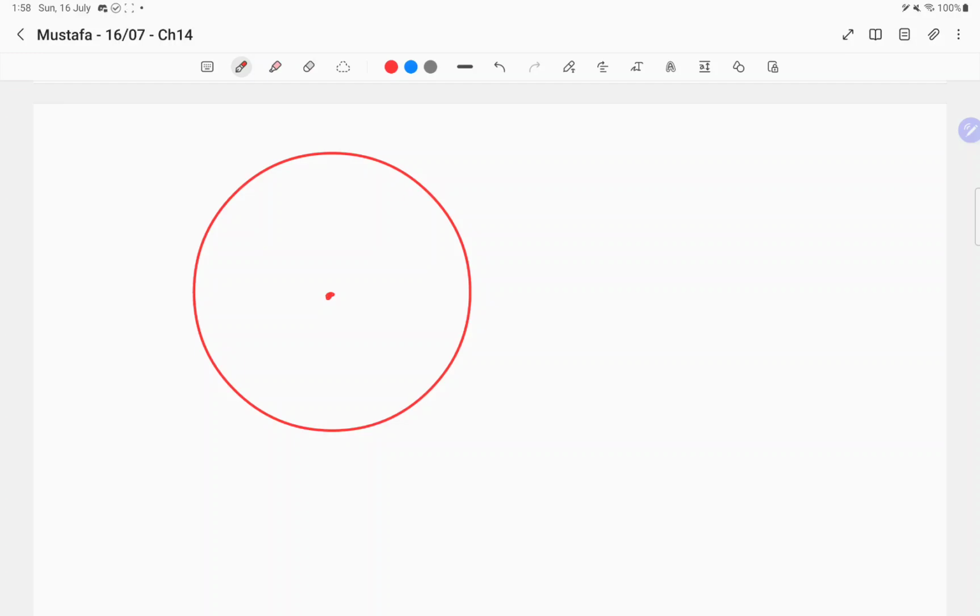Like this? Not quite. Between the chord and the circumference. Where's the chord that we just drew? Okay, so the chord is here and the circumference is here. It's between the chord and the circumference, so isn't it that? Oh, is it just this line here?